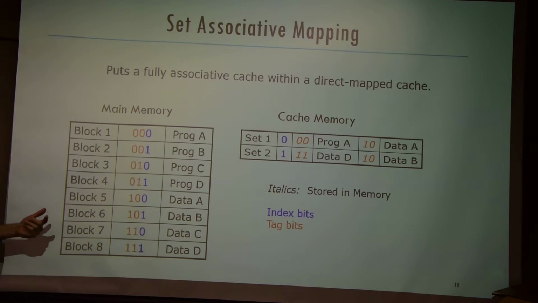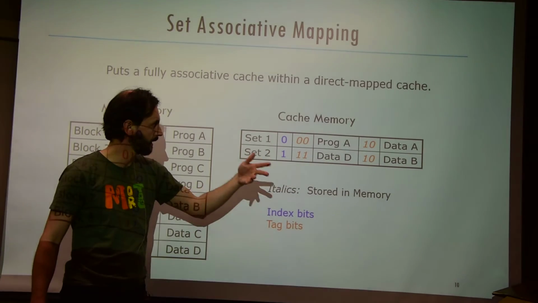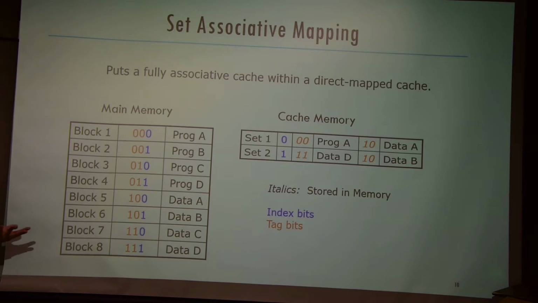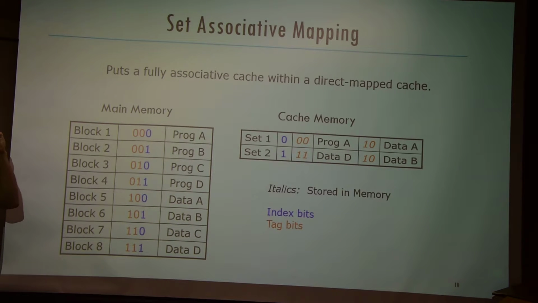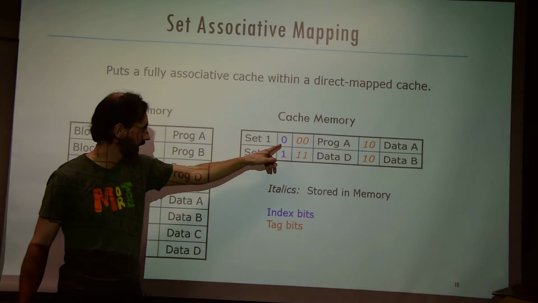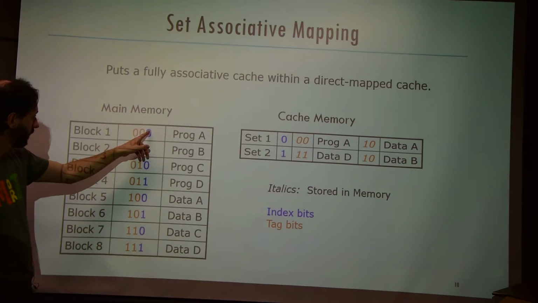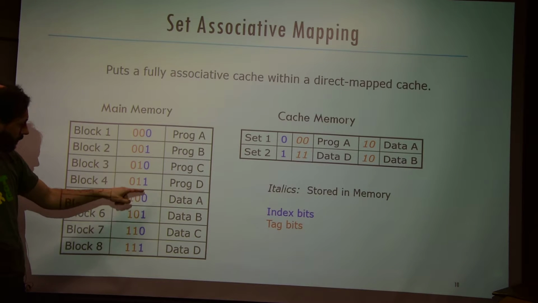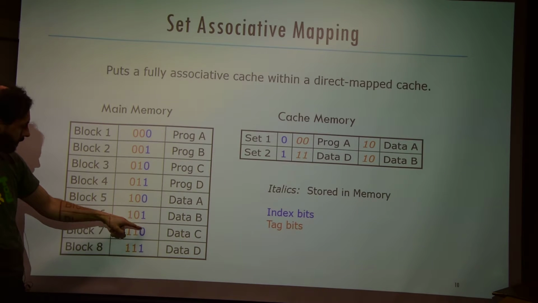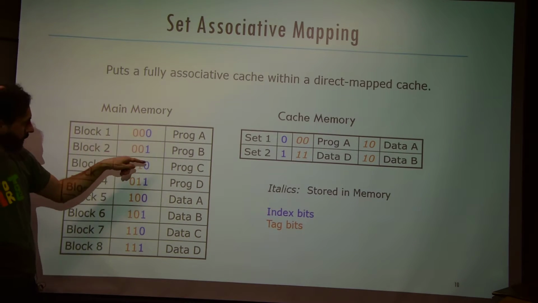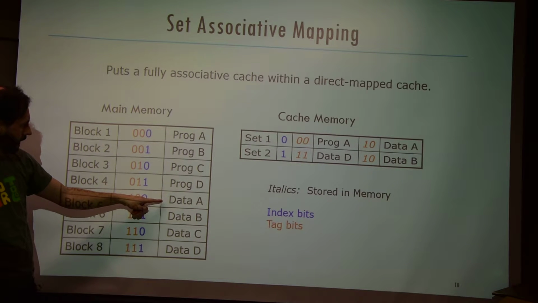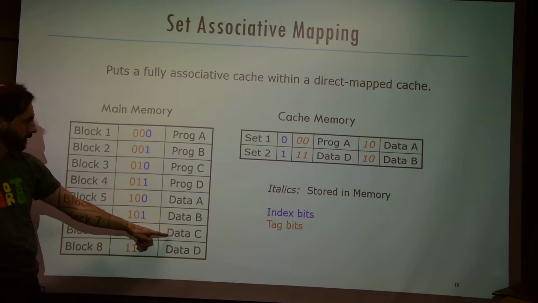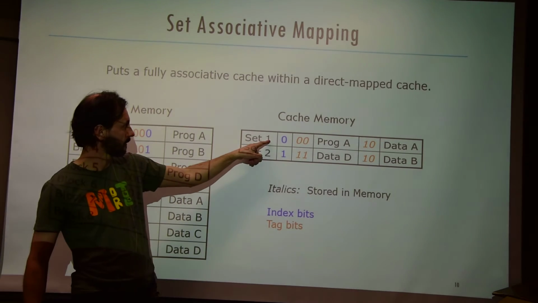So clearly, if I now have program A and data A that I'm interested in at the same time, and they're both actually indexed by the 0 over here, then I can store both of them. But notice there are more zeros, like all the other ones. So also, besides program A and data A, also program C and data C are all mapped to set 1.